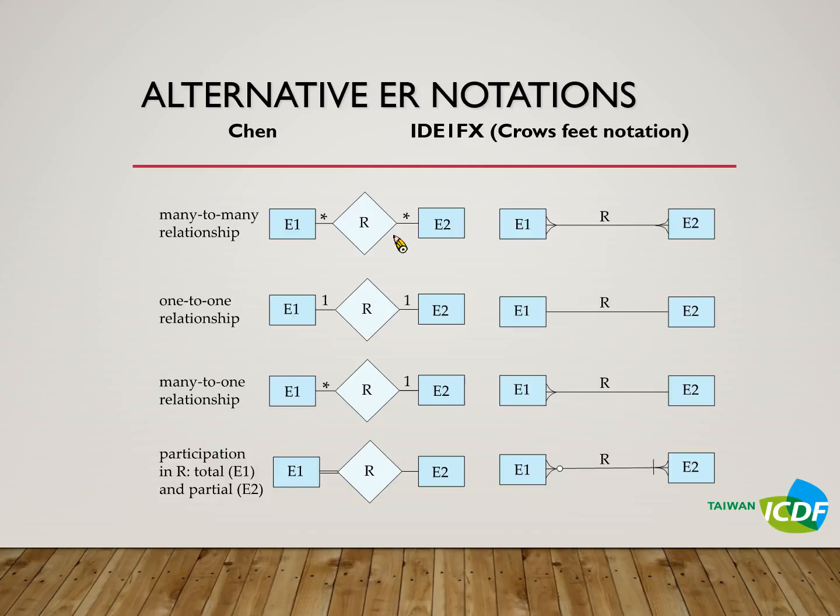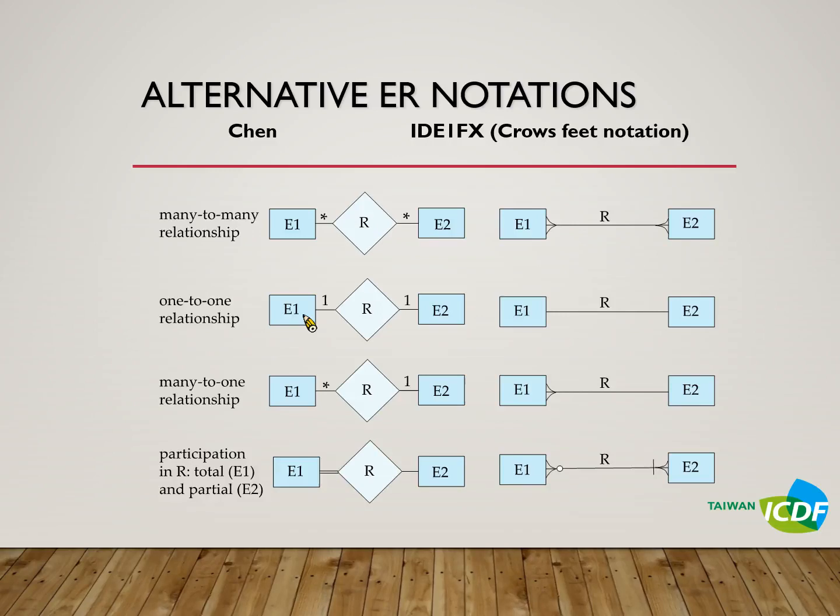As to relationships, first I will introduce the first system. In these alternative notations, many-to-many relationships can be indicated by star to star. Here, stars mean many. So if we indicate stars on the lines between relationships and entities, it reveals the meaning of many.